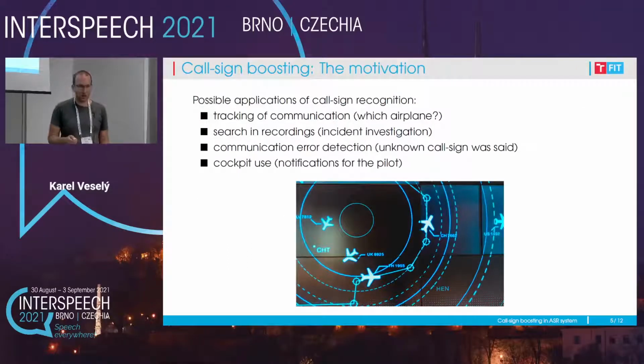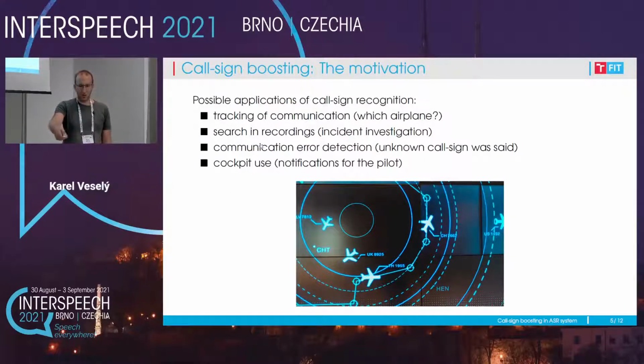As for possible applications, it could be good for tracking where the call sign happens in the communication. This could be for real-time applications, or for offline post-analysis of the recordings if there is some incident, so that investigators could query the database for that call sign, and this could help them work faster.